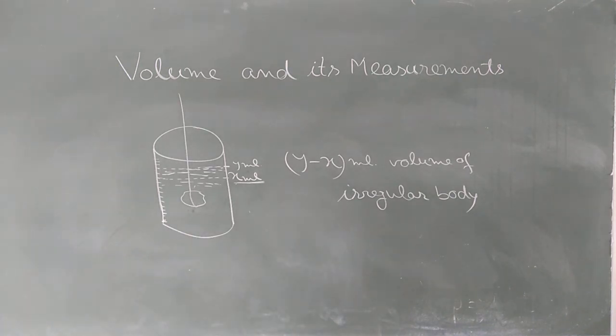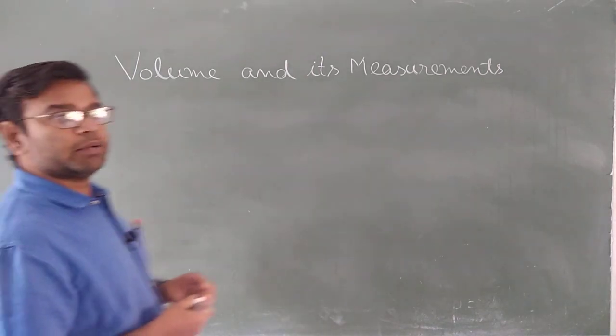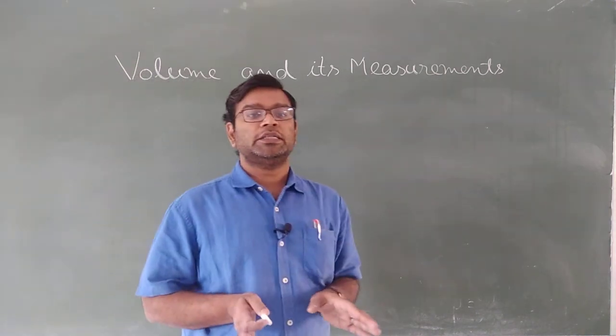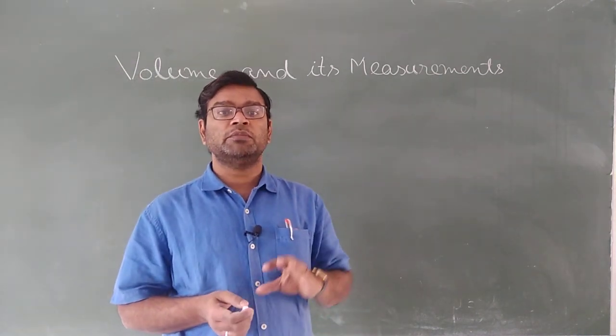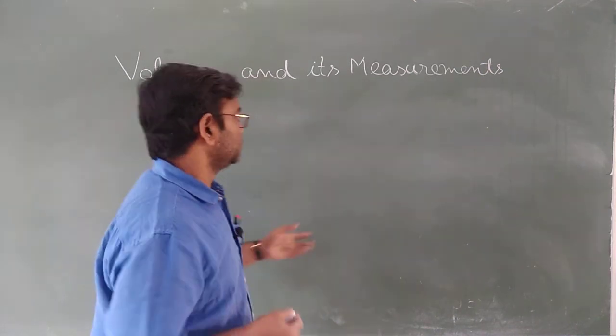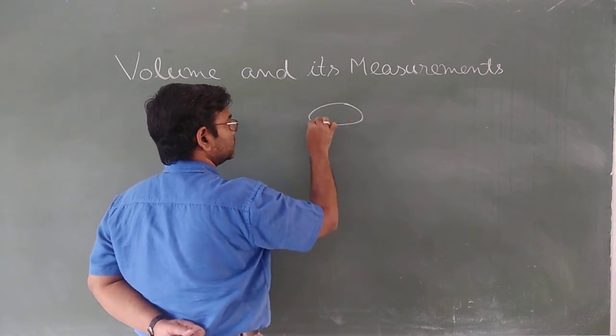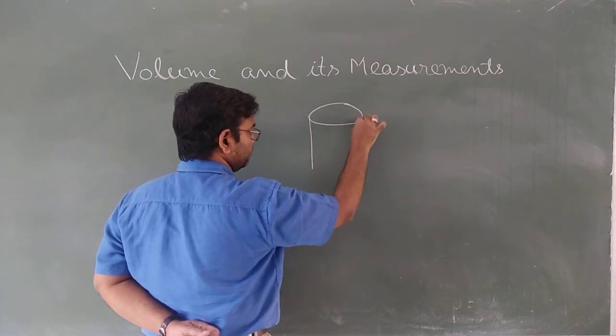Now move to the next part. Our next topic is the same measurement of an irregular shaped body, but in this case, in place of a cylinder, we are going to use an overflow jar. What is an overflow jar? A jar or a cylinder having this type of shape.